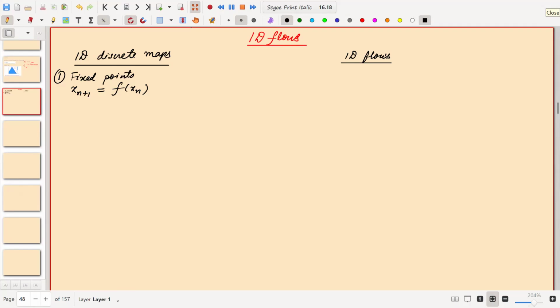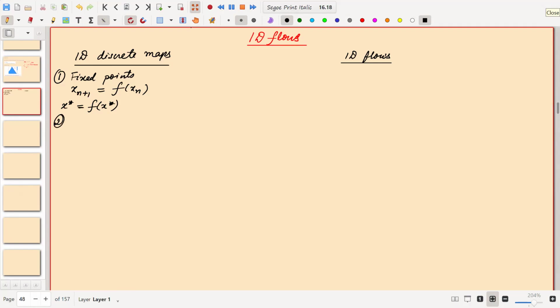A fixed point is x star such that f of x star equals x star. You have a point, you apply the map, and you are still at the same point. It doesn't change, even after applying f again.